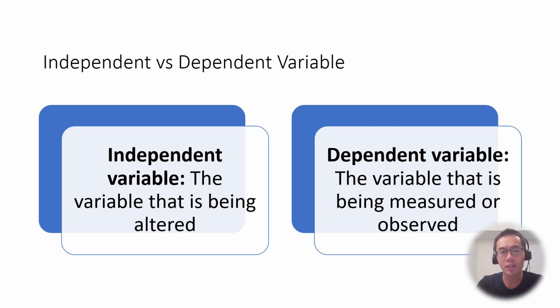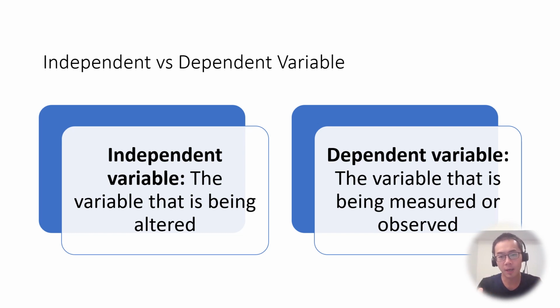Before we set up our experiment, let's do a quick recap on the difference between independent and dependent variable. The independent variable is the one that you are altering, the one that you are deliberately changing to see whether or not it has an effect on the dependent variable.